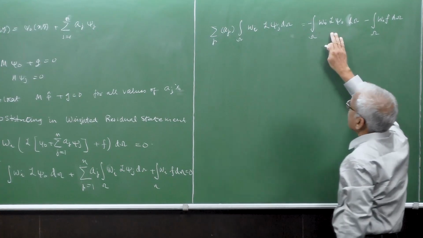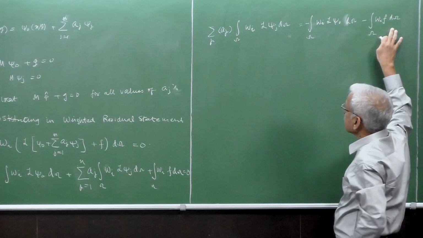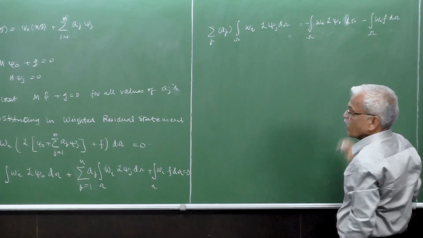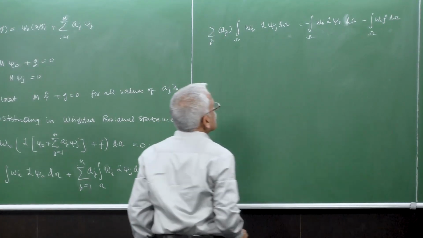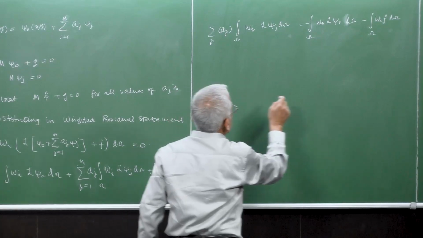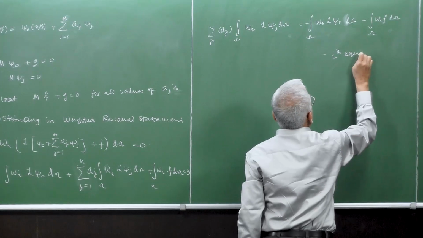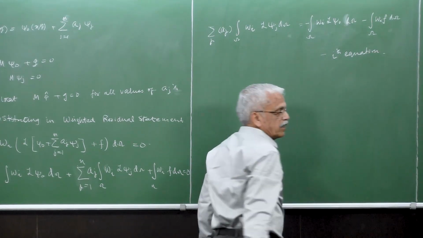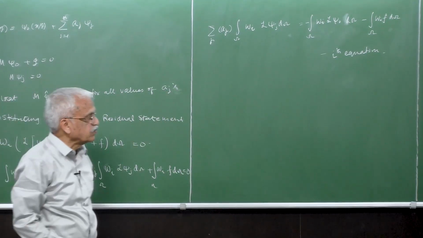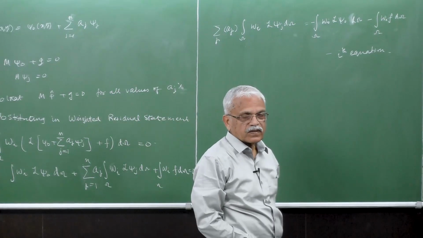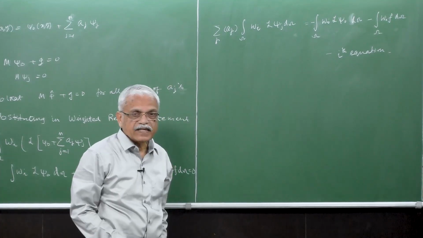On the right side we have terms which are constant, in the sense that given Wi, all these things can be calculated to a given value. So this is what we call the ith equation, and you can have as many equations as you want. You can assume as many weighting functions as you want. For example, you can have n equations.